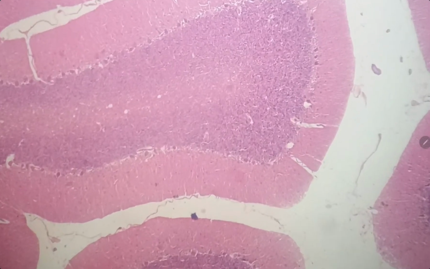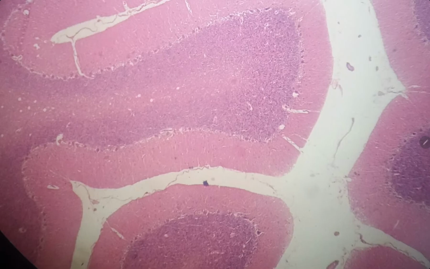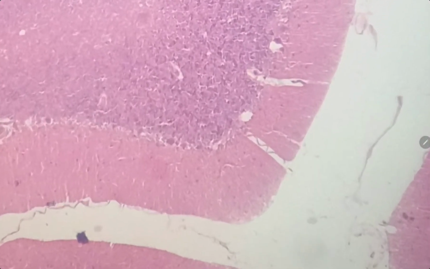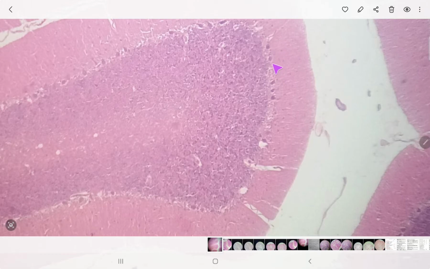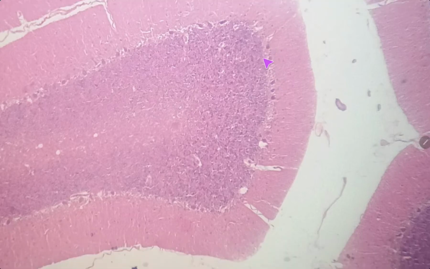Okay, so this cortex is made up of three layers. The outer layer is the molecular layer, and this middle layer is the Purkinje cell layer, where you will find these pear shaped Purkinje cells. And the inner layer is the granular cell layer.